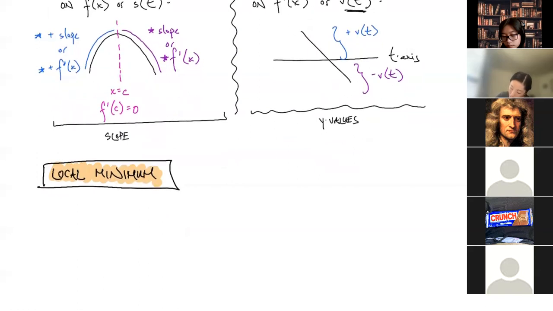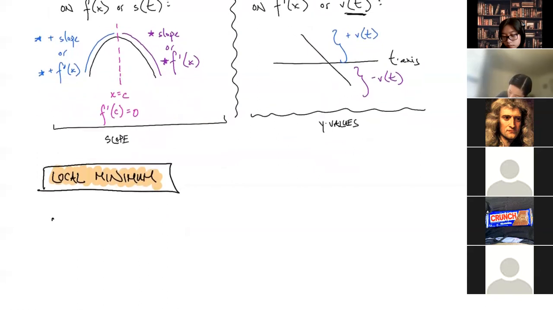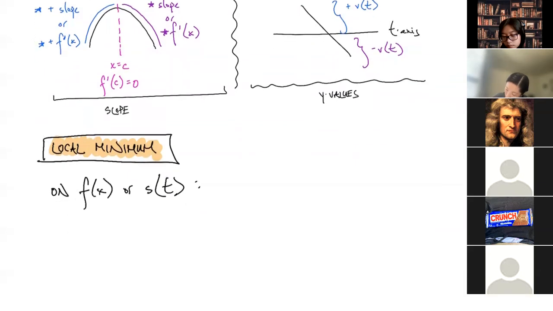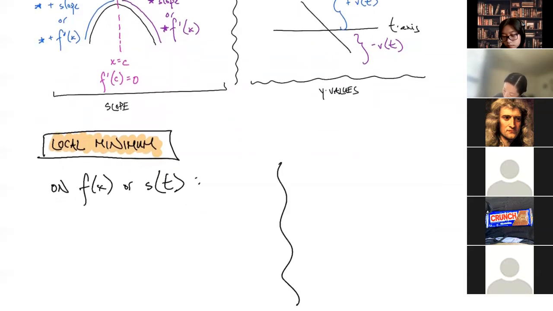We're going to look on f of x, so on f of x or s of t, and then separately, we'll look at f prime of x or v of t.